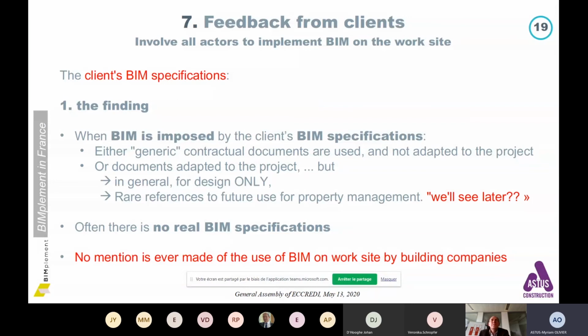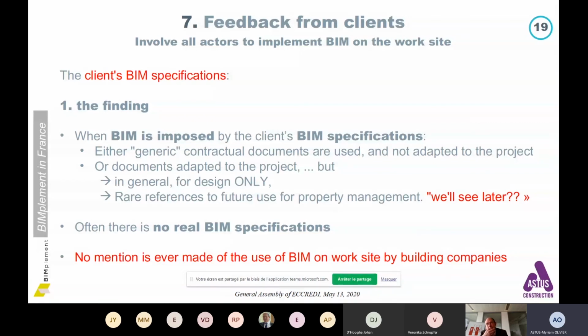And when they are adapted to the project, which we found sometimes, then it's for design only. There is no reference to property management. I mean, how will I use the BIM model after for the project, for the in-use and in-function building? And there is never any reference to use of BIM on the site, of course.